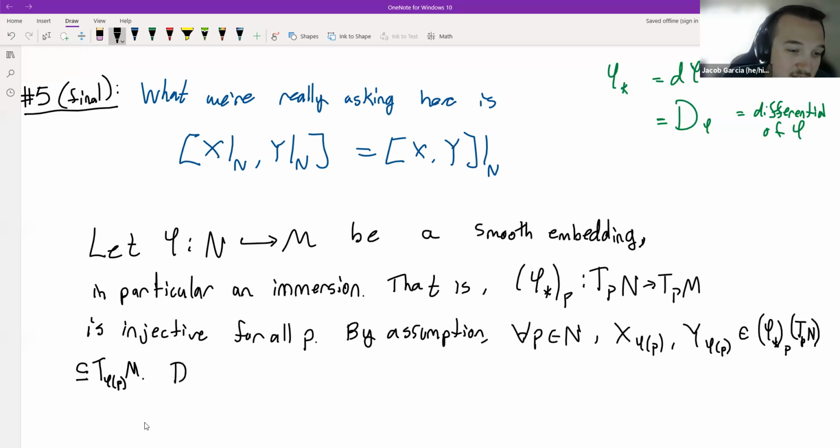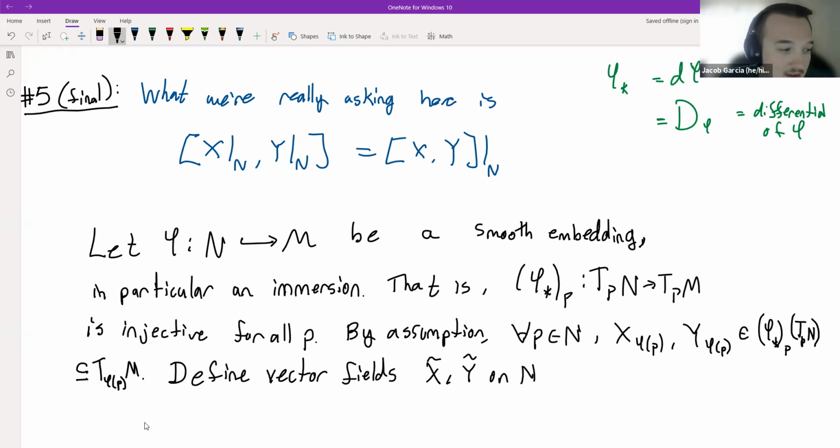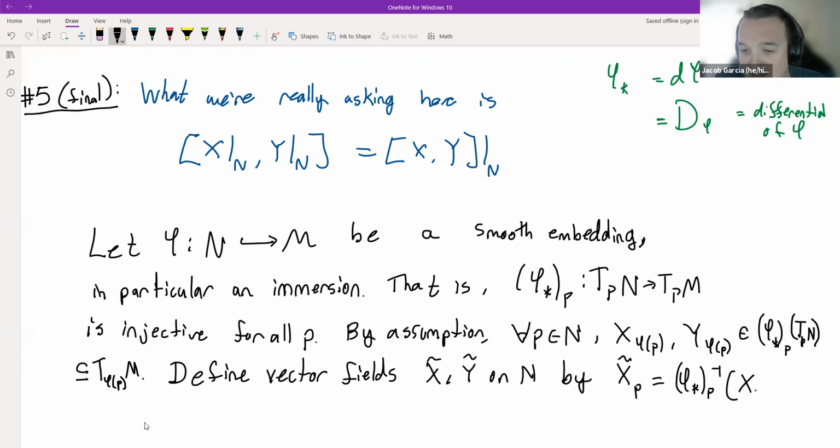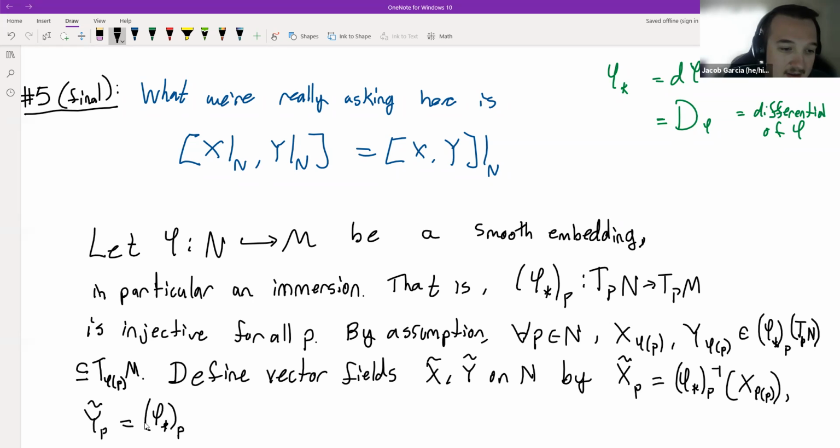So I'm going to define vector fields X tilde, Y tilde on N by X tilde at p is equal to the pre-image under this map of the corresponding vector field, and similarly Y tilde at p is the pre-image of its corresponding vector field.